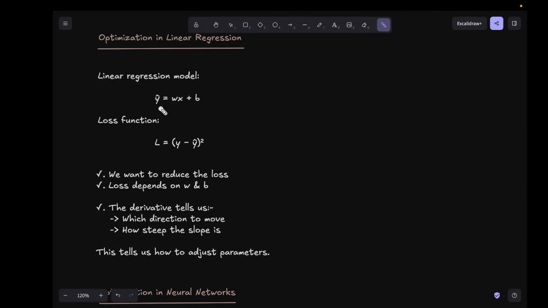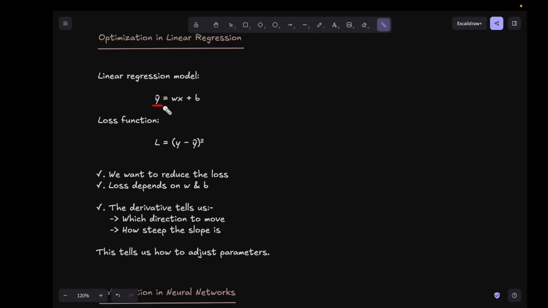This is the predicted output, y cap, and x is the input, the data we give to the model, and w is the weight or slope, like we learned in the linear algebra session: y equals mx plus c, where x is the input, m is the slope, c is the intercept, and y is the output.